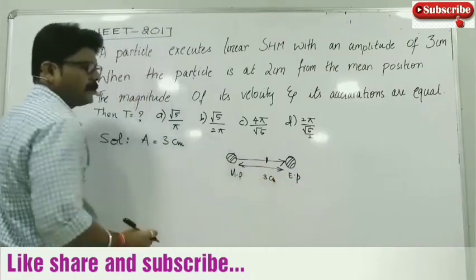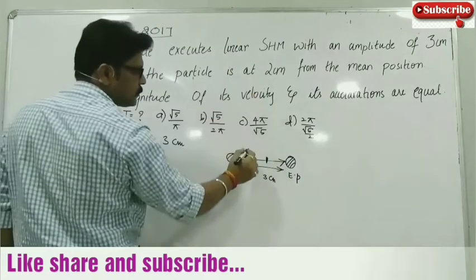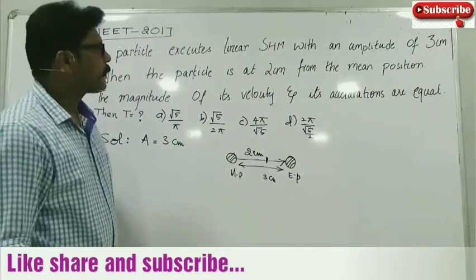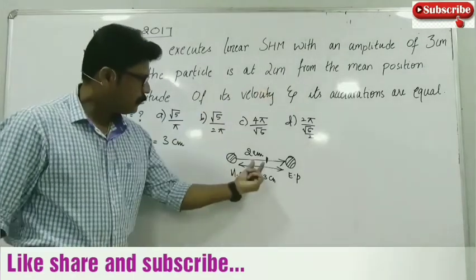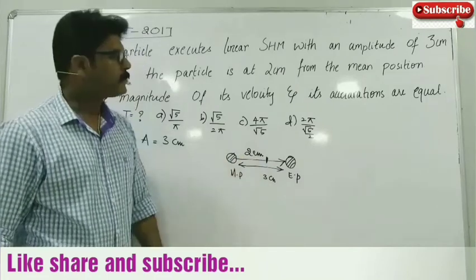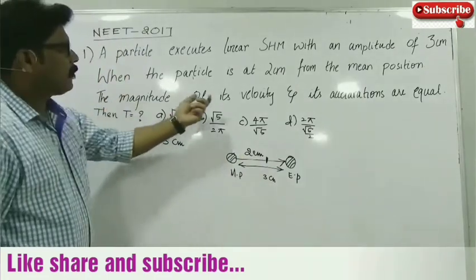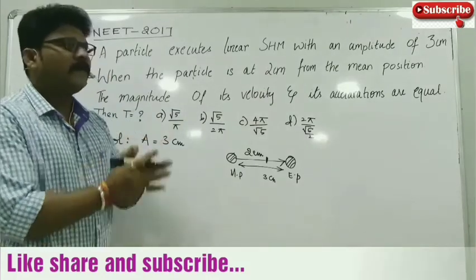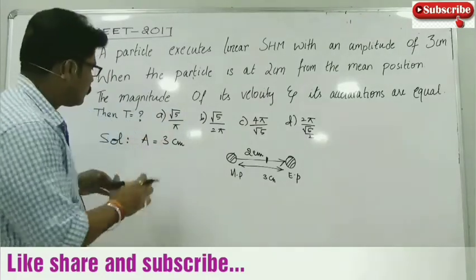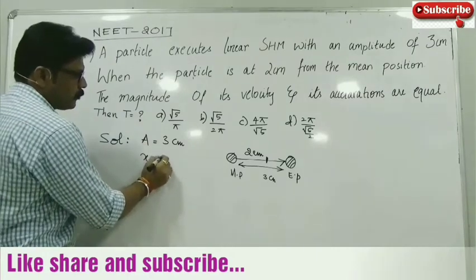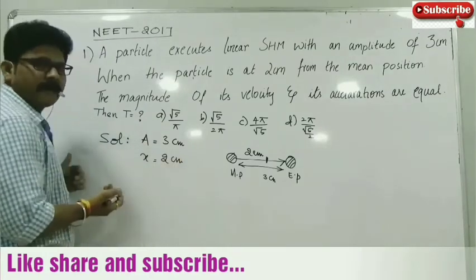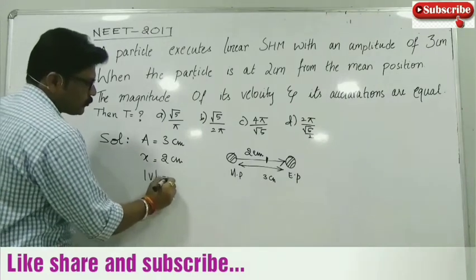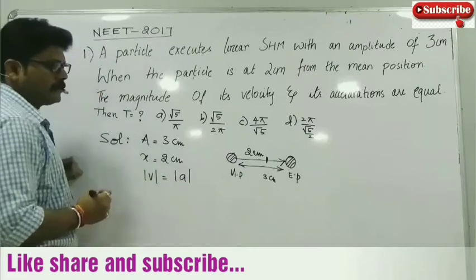But at this point, after traveling a distance of 2 centimeters, that means at a particular displacement of 2 centimeters from the mean position, the magnitudes of its velocity and acceleration are equal. So x equals 2 centimeters is given, and the magnitude of velocity should be equal to the magnitude of acceleration.